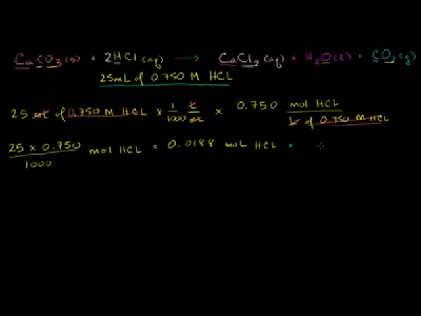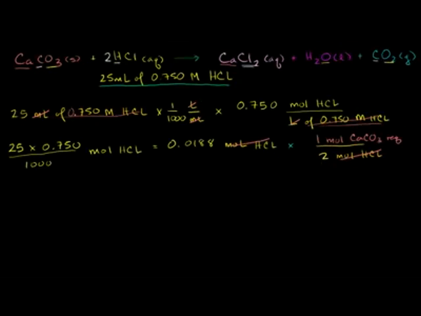For every 2 moles of hydrochloric acid, we need 1 mole of calcium carbonate required. And so these moles of hydrochloric acid will cancel out with the moles in the denominator, and we're essentially just going to take this number, multiply it by 1, and divide it by 2, or just essentially divide it by 2.